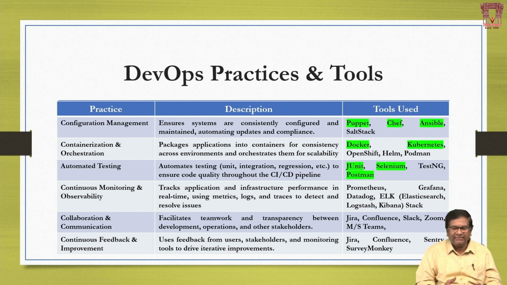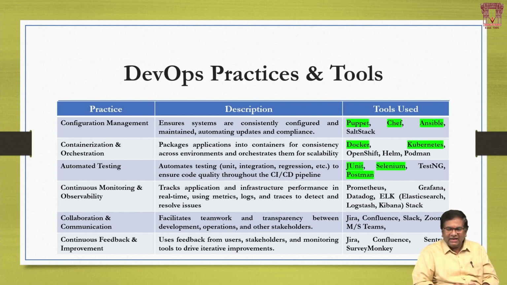Again, Prometheus, Grafana, Datadog, and ELK, which means Elasticsearch, Logstash, and Kibana. These three work together; they're called the ELK Stack. I'm not planning any presentation on them as of now because they are not part of this course series. So continuous monitoring and observability is another aspect of DevOps practice.